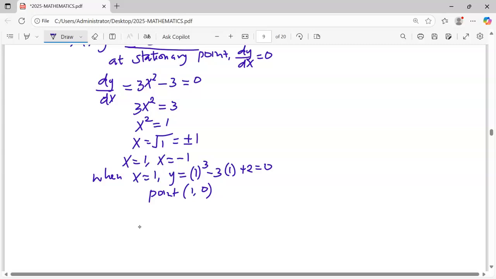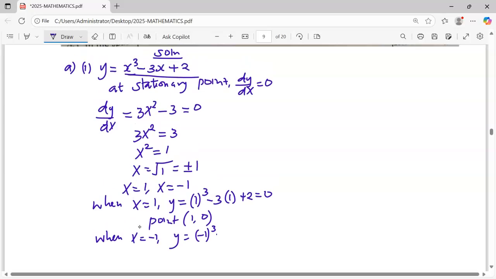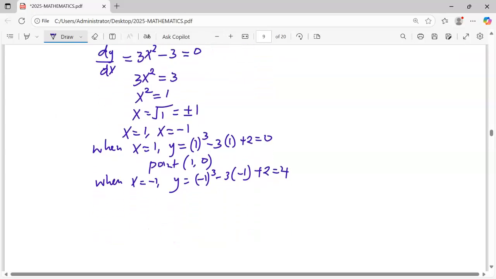We can as well get the value of y when x is equal to negative 1. When x is equal to negative 1, then the value of y is going to be equal to negative 1 cubed minus 3 times x, which is negative 1, plus 2, and the value of y in this case is going to be equal to 4, meaning our second point is negative 1, 4.